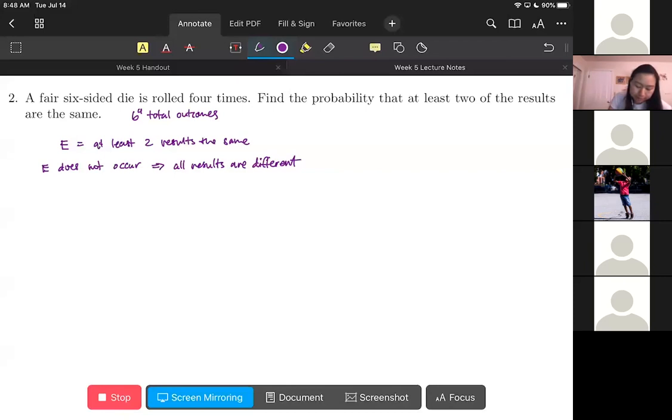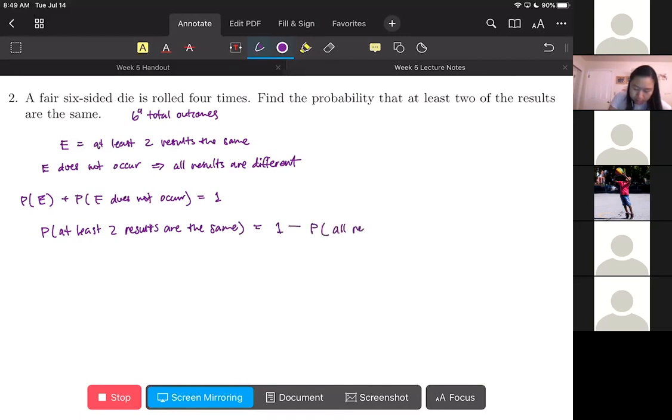Cool. So now we can basically use our complementary probability. So the probability that E occurs plus the probability that E does not occur equals 1. So the probability that at least 2 results are the same equals 1 minus the probability that all results are different.